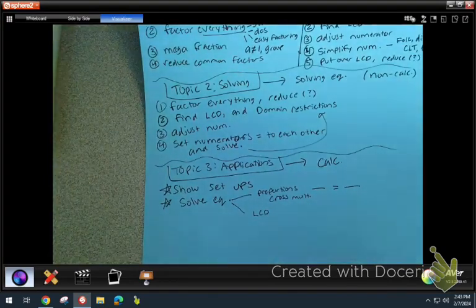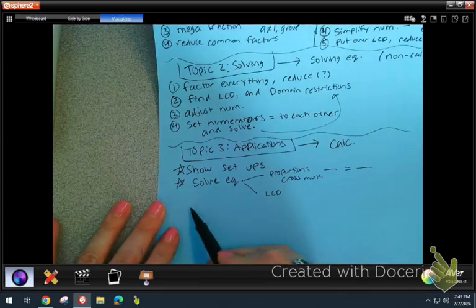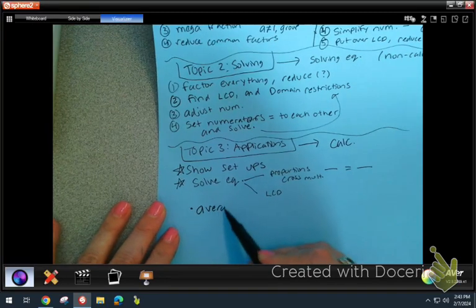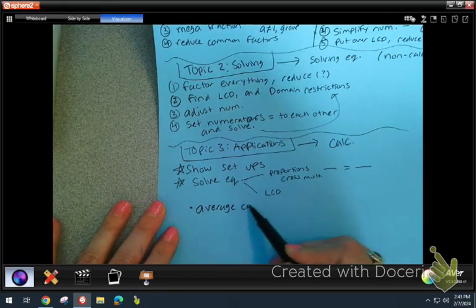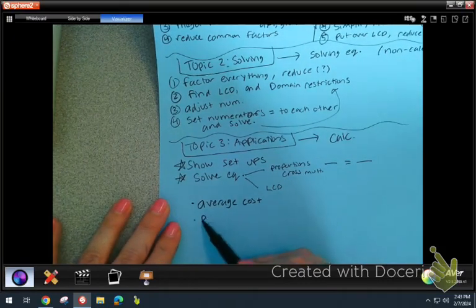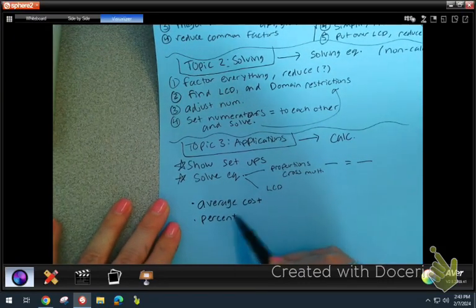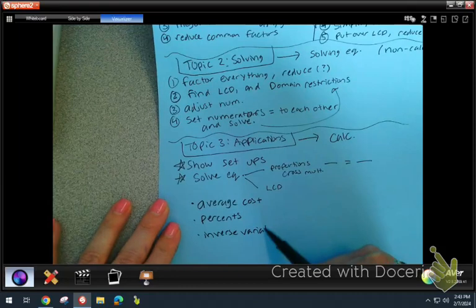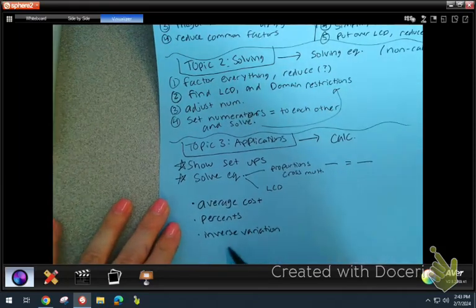Okay? Here's your problem types. We did average cost. Was that the first one? Average cost was one. We did percents. And then we did inverse variation. This was the first day. That's 9.3.